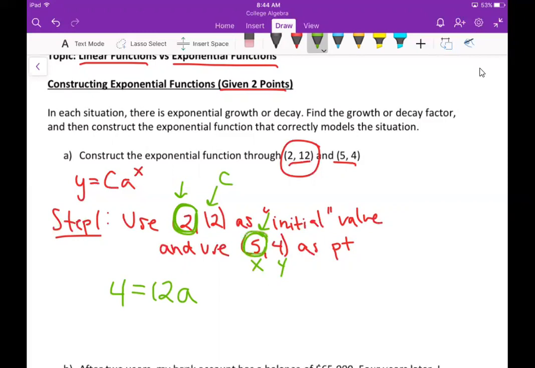If x is 5, I don't actually plug in x is 5, because that would mean 7 steps after my initial value of 2. Here you'll always take the x value from your point and subtract away that initial x value in order to get something that is reinitialized, to treat that (2, 12) as the initial value.